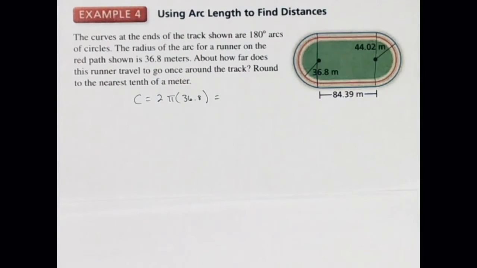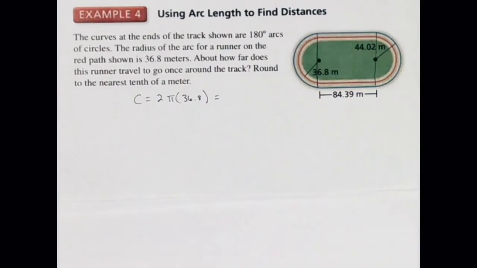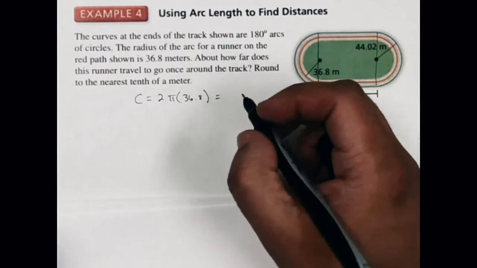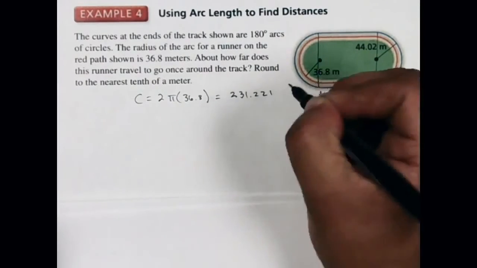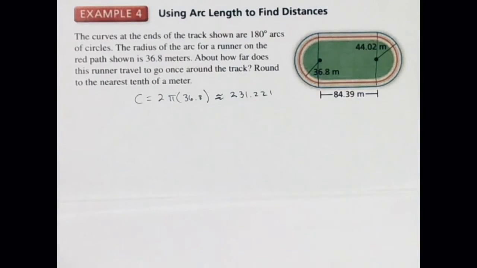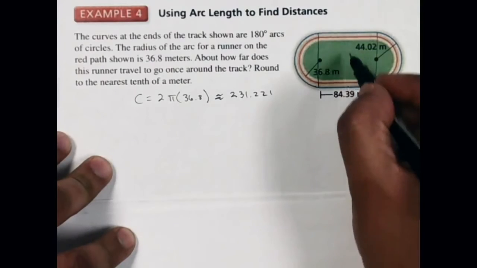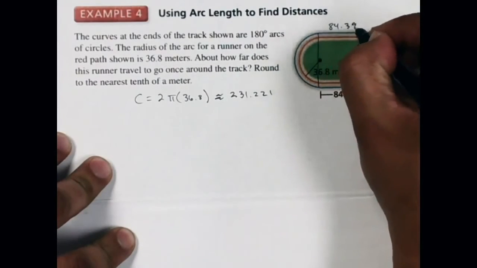So the 2 times pi times the 36.8, if I put that in the calculator, is going to be about 231.221 approximately. Okay. Then I'm going to take this and add the lengths here. So if this is 84.39, I have an 84.39 on top.